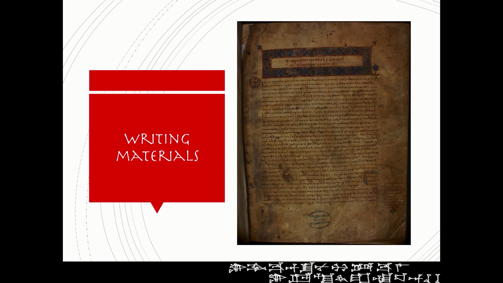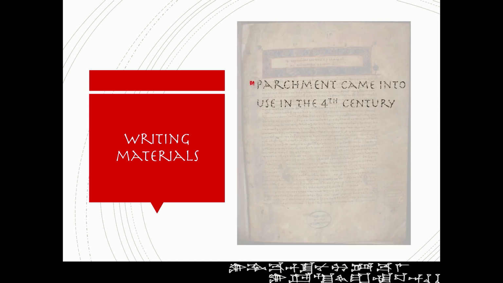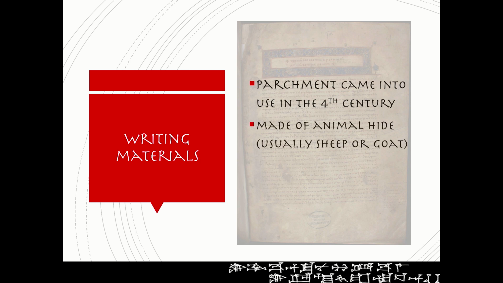When we move past papyri, we move into parchment. Parchment came into use in the 4th century. It was made of animal hide, usually sheep or goat. The hair was removed and it was treated and rubbed with stone and other things, and it was more durable than the papyrus.